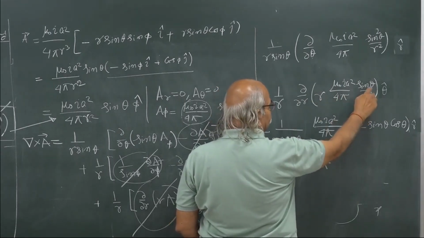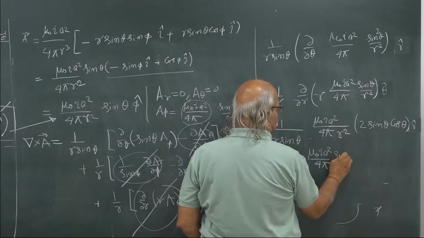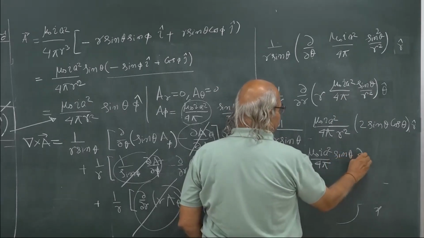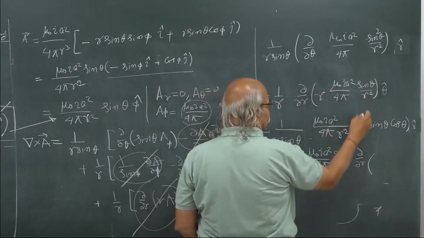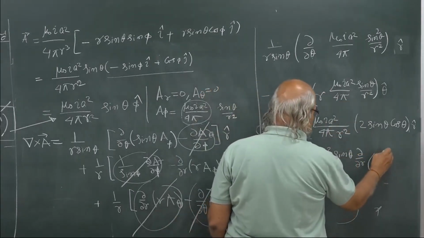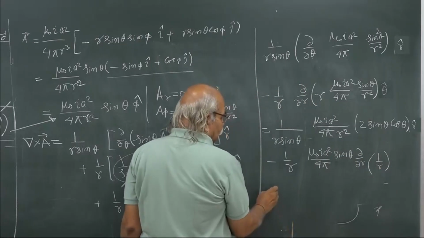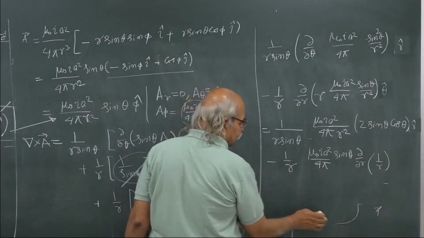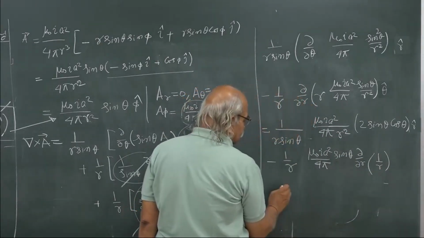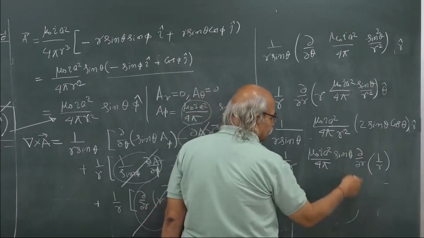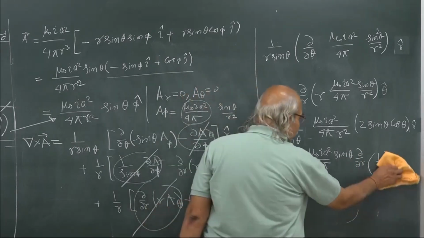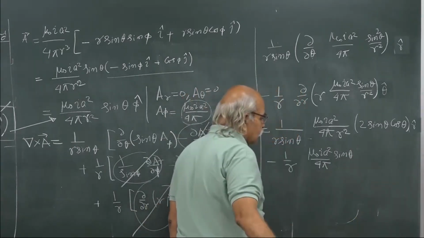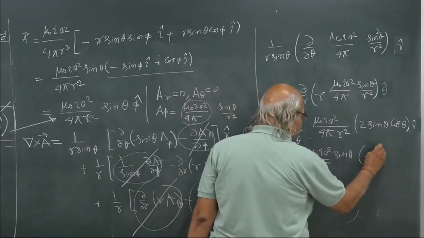We will write that, but first sin theta, and then del del r of what? Del del r of 1 by r. That is all we have to do, and this is of course minus 1 by r squared.